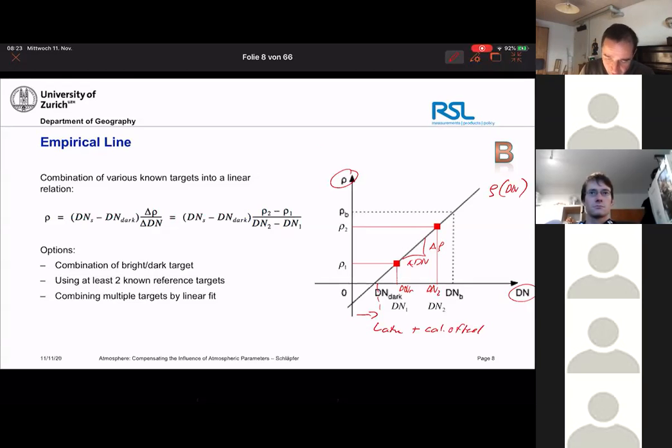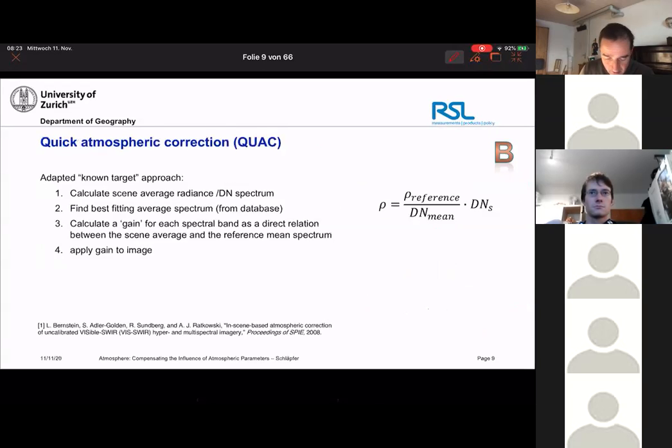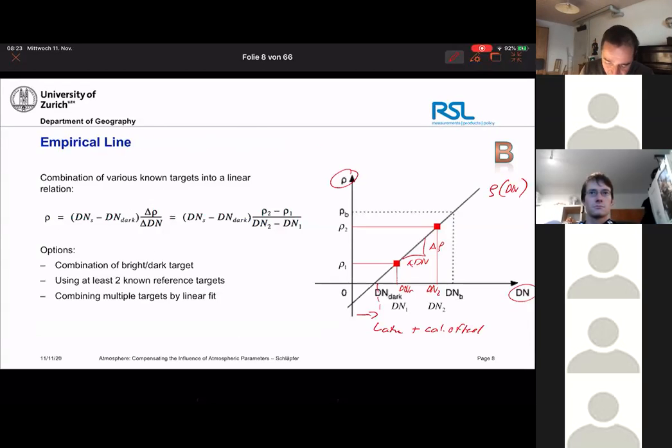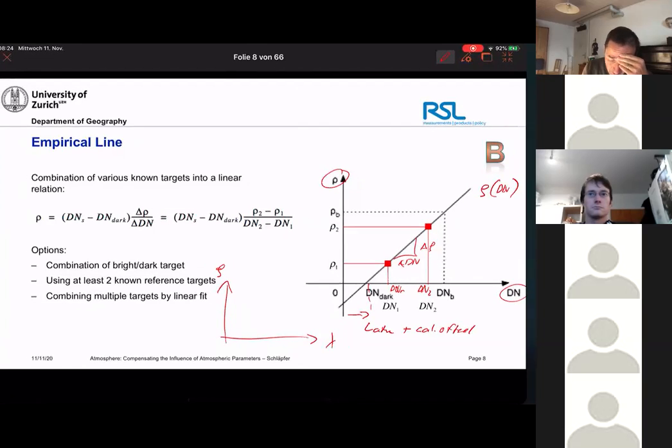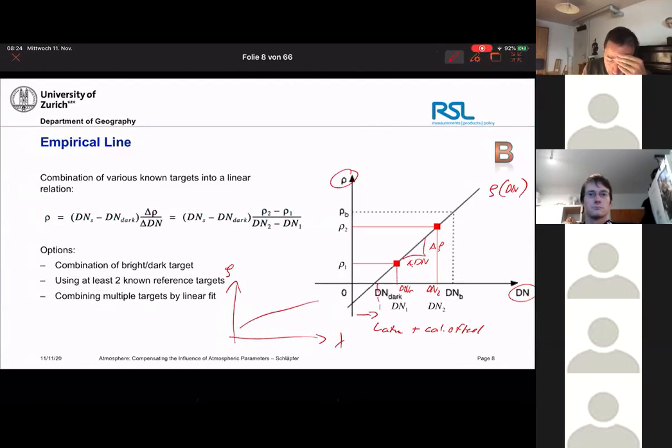One catch of this method is that if you have two targets, for instance like that, say that's the wavelength, that's my reflectance, and I get one target which is maybe a soil. A soil is typically looking like that, and then you've got some vegetation.